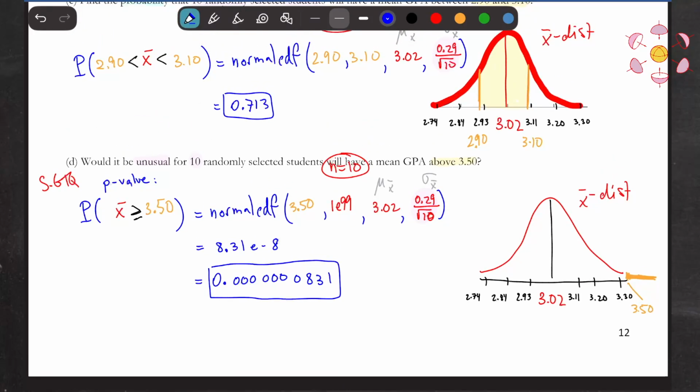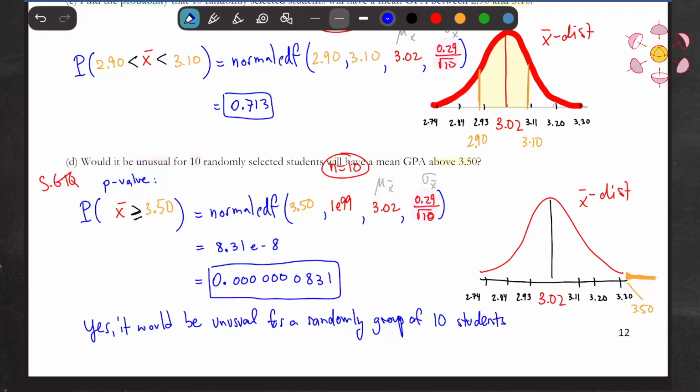So what we can say is, yes, it would be unusual for a random group of 10 students to have an average GPA above 3.50.